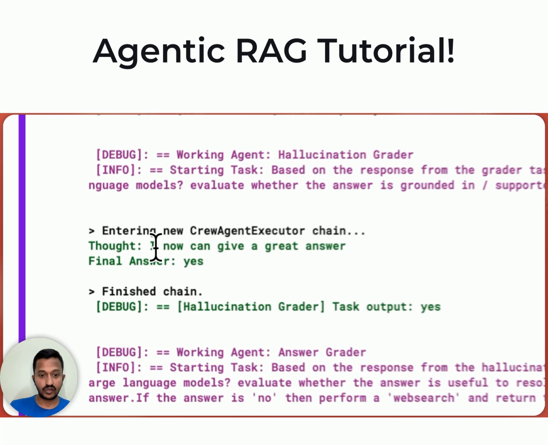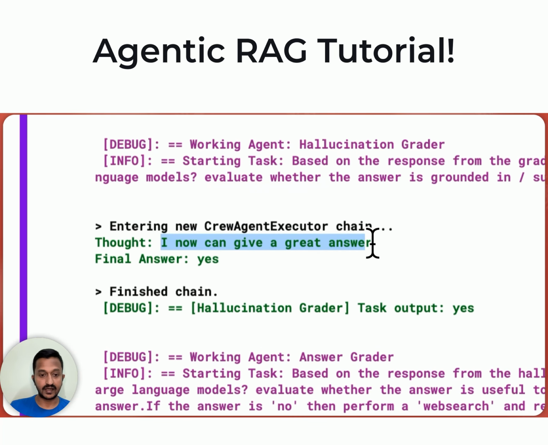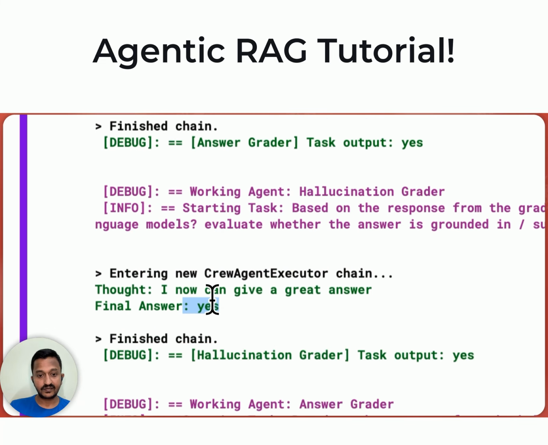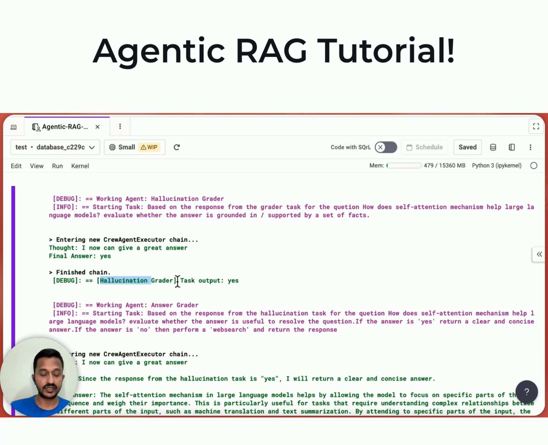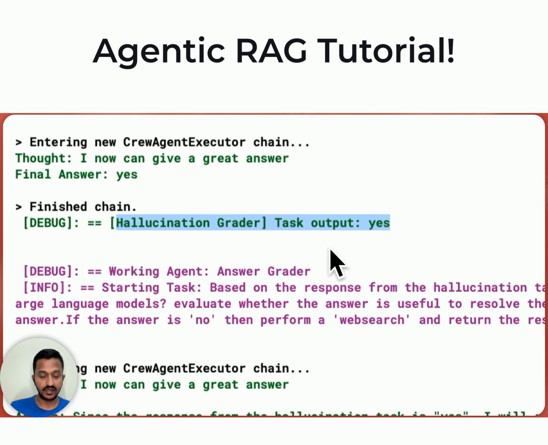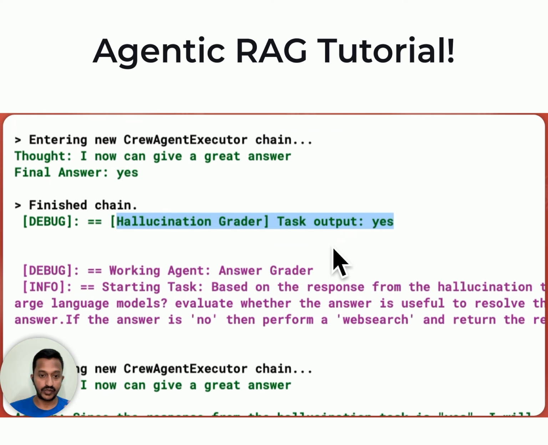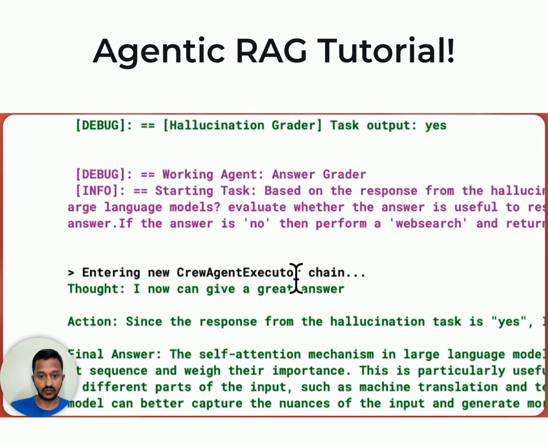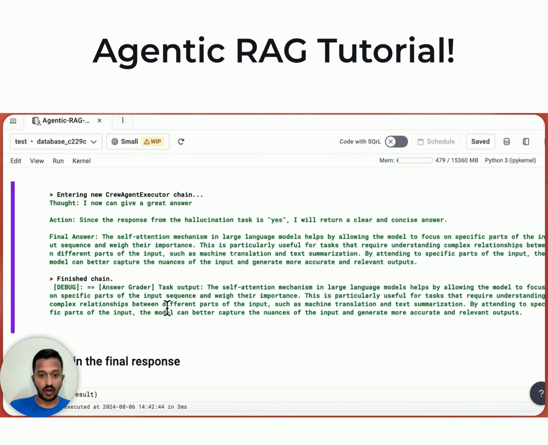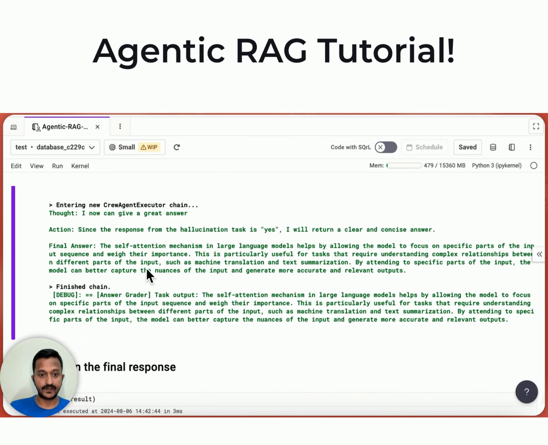As you can see, thought: I now can give the great answer. The final answer is yes. So step by step it goes, right? As you can see, hallucination grader task output: yes, the answer is grounded. It is contextually relevant, and then comes the working agent with all the answer back, right?